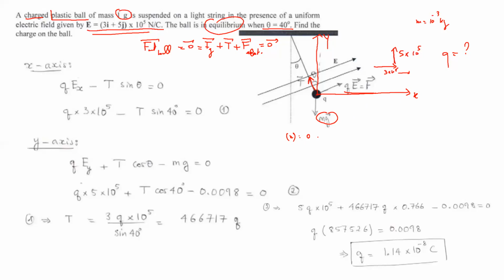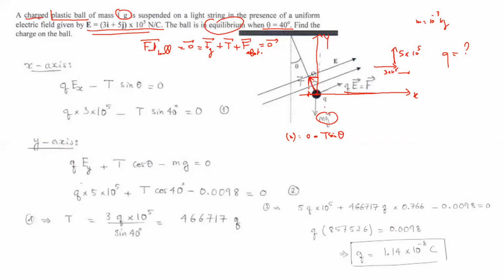Now tension force along X. You see here, this is a tension force, and along X this will give me minus tension force times sine theta, and theta is equal to 40 degrees. So I'm looking at this component here. It's negative, right? Minus T sine theta.